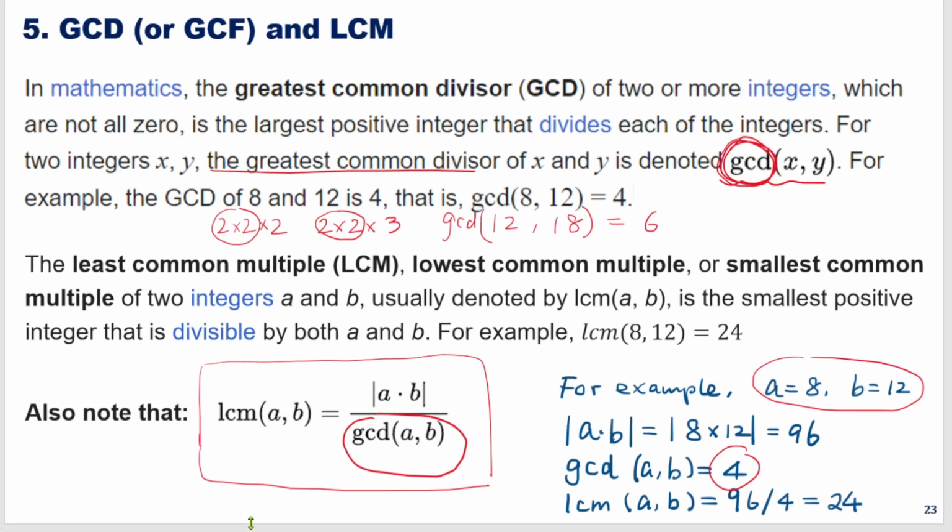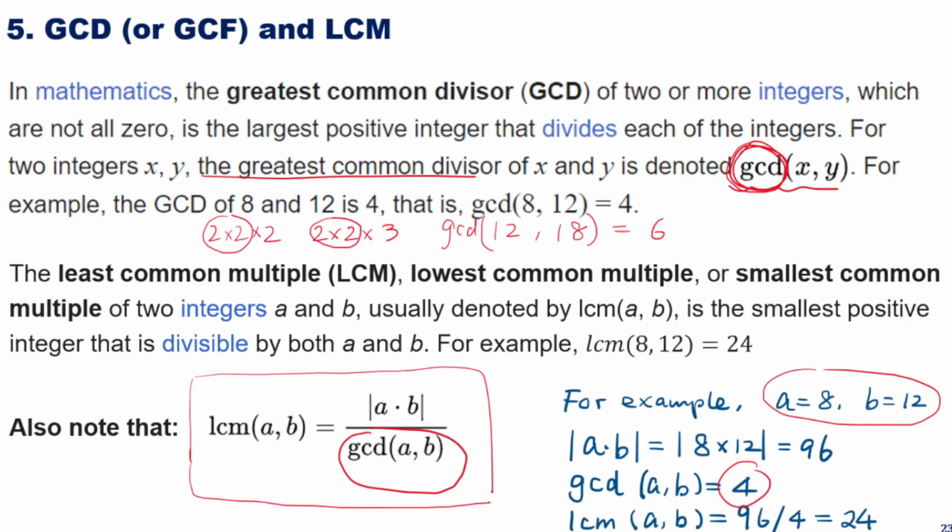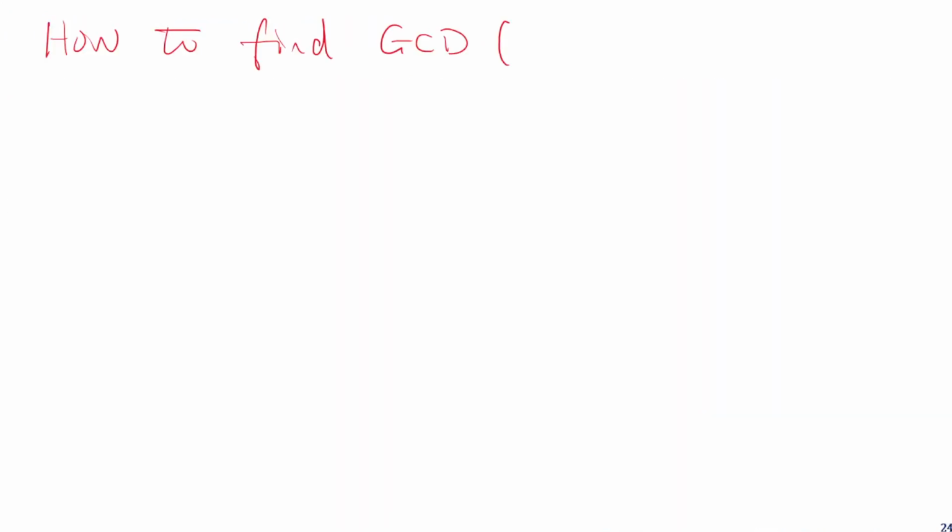But sometimes, for example, if I want to find the GCD of 24 and 16, how do you find that? Let's talk about 24 and 16 first. How do you find the greatest common divisor?